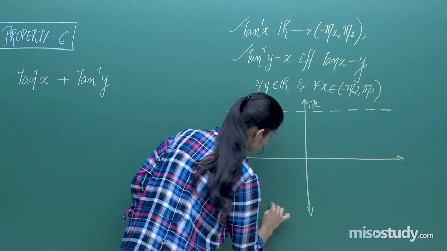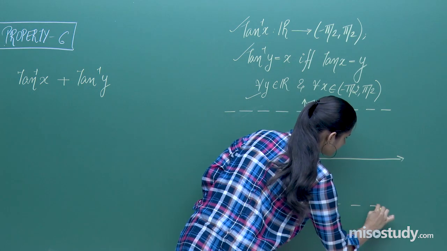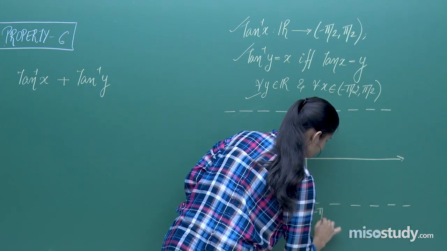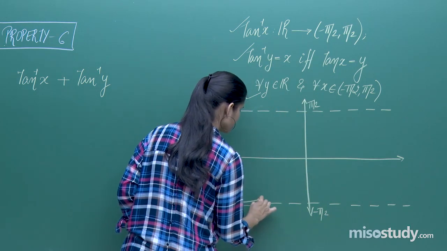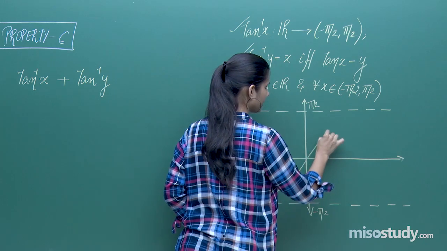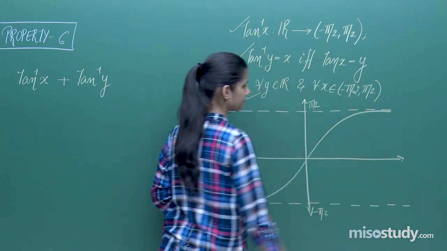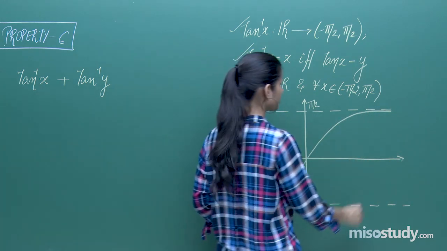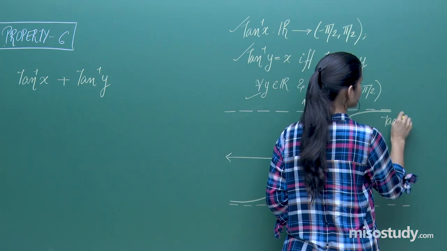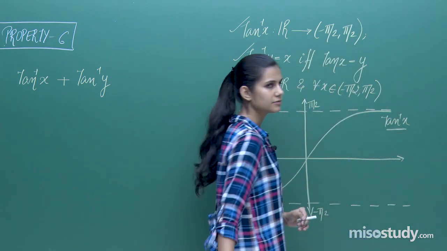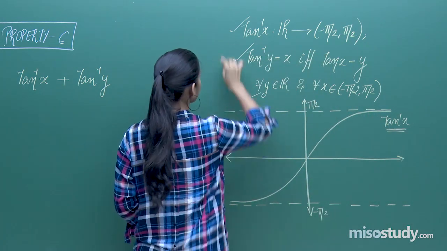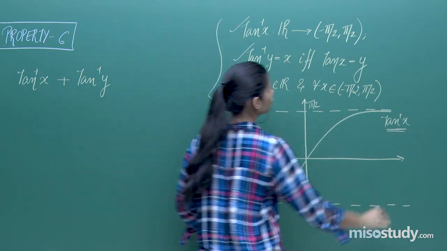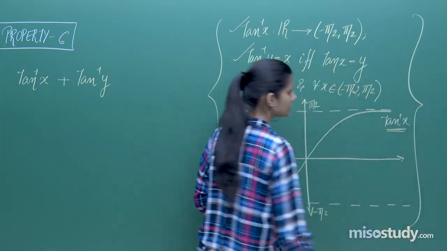Similarly there is minus pi by 2, and you have your very tan inverse function like this. Is it understood? That's the graph of tan inverse x. Fine. Once we are through with this, these are the three prerequisites which are going to be needed to do any result related to tan inverse.